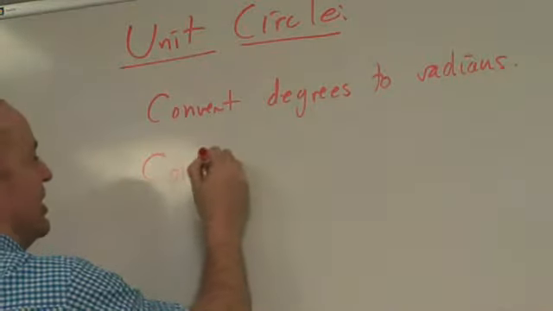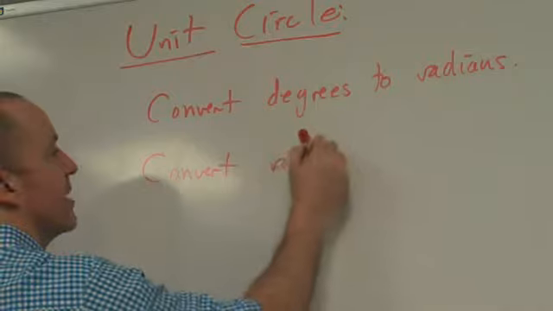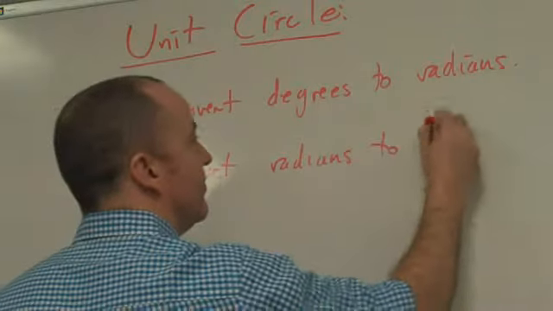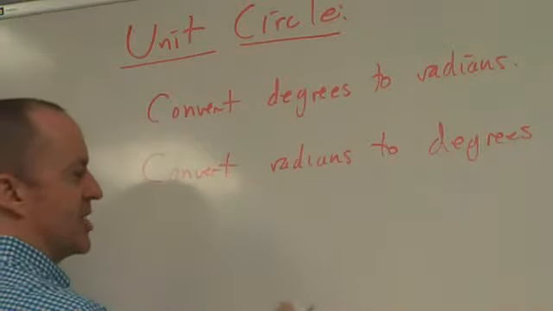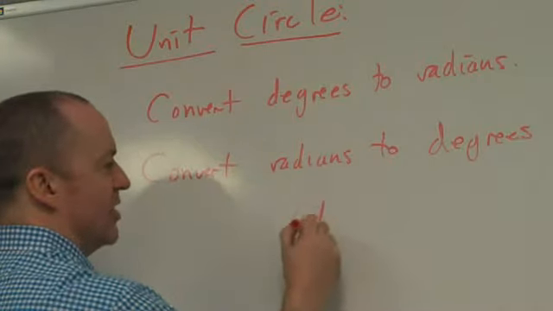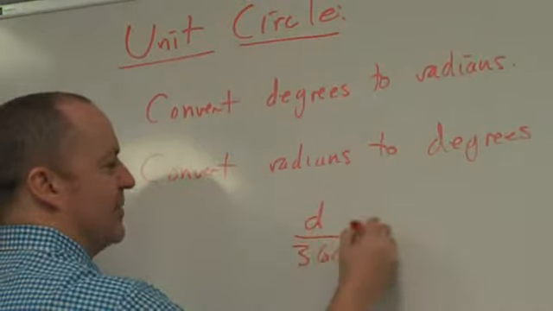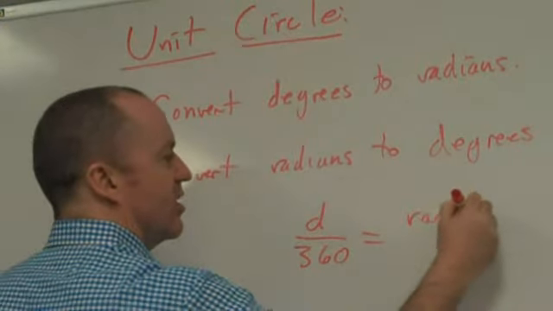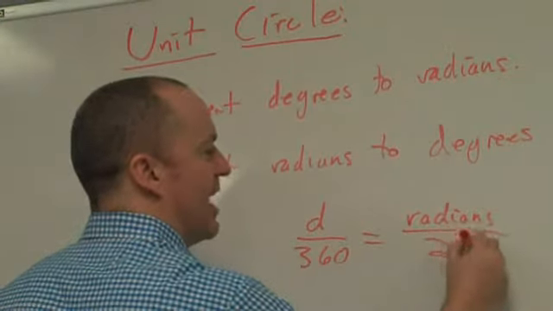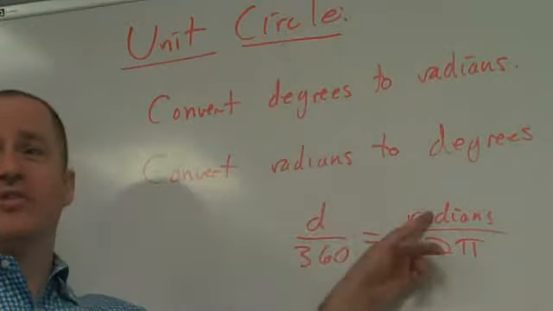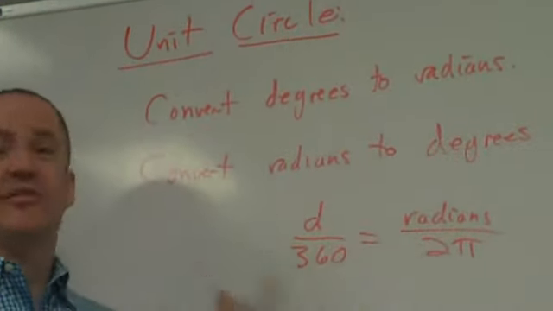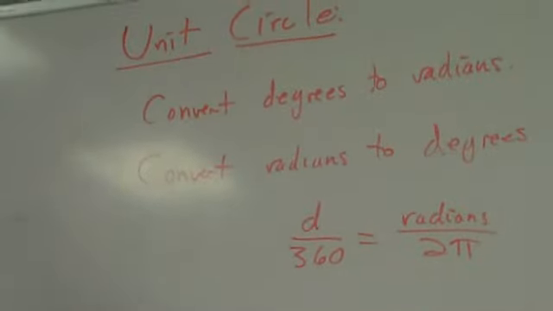Convert radians to degrees. In both cases, you can use the same cross multiplication setup where the degrees over 360 equal the radians over 2 pi. If I give you the degrees, fill in that and find the radians. If I give you the radians, fill that in and find the degrees. That'll work for either one.